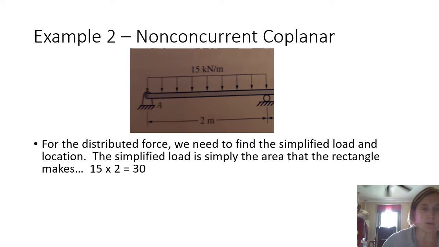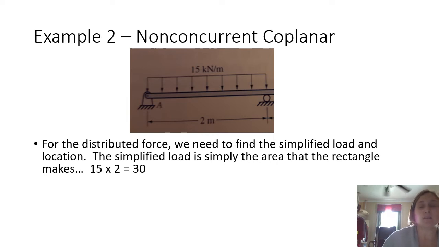Now for the distributed force, we need to find the simplified load and location. So we need to take all of this, all these arrows, simplify it into one, and then figure out where that's located. Now the simplified load is basically the area that is made by this rectangular shape. So the height is going to be 15 because that's the value of the force, and the width here is 2 meters because that's how wide it applies.